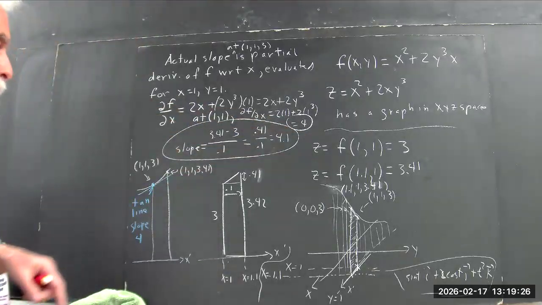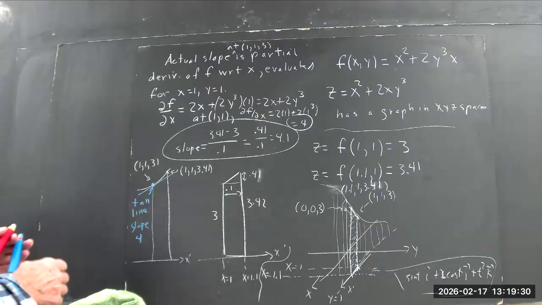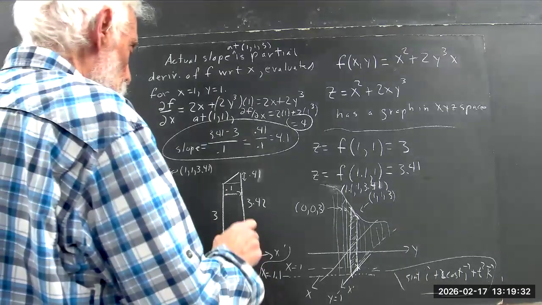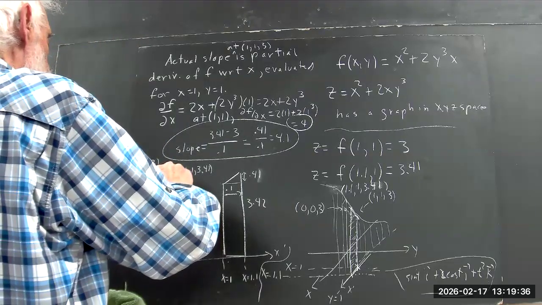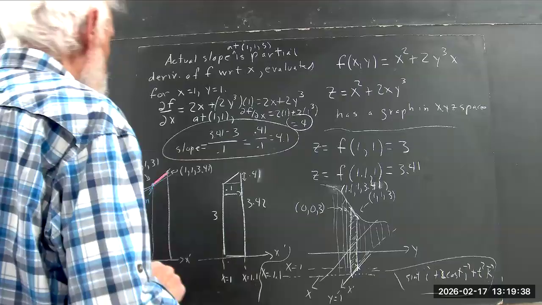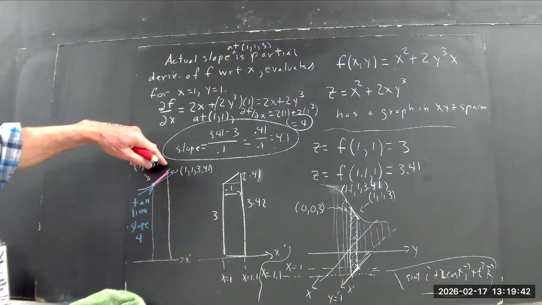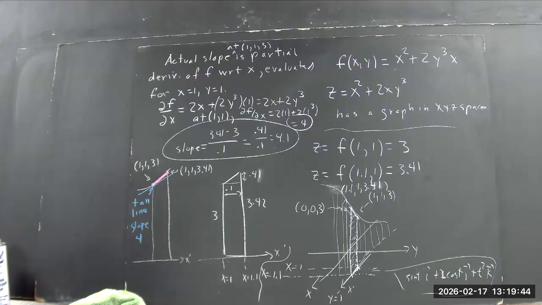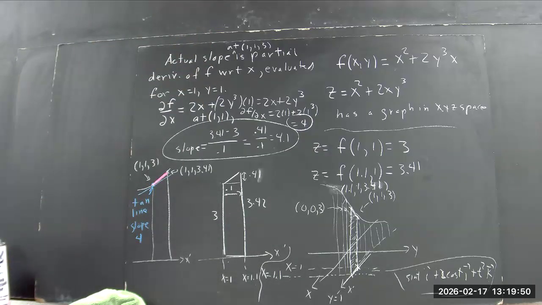That's what the partial derivative told me. The actual secant line between this point and this point had a slope of 0.41 because the function apparently had some upward curvature.